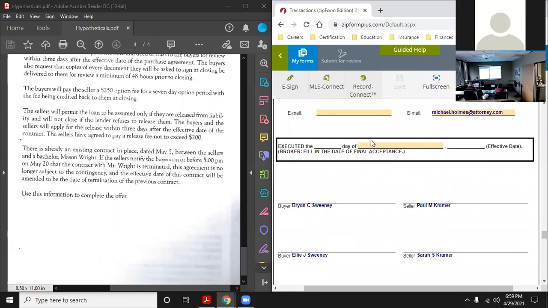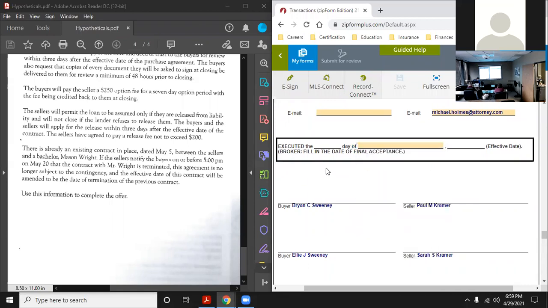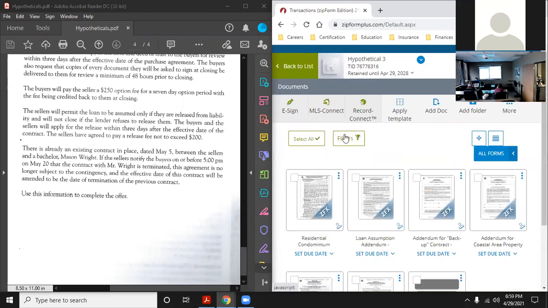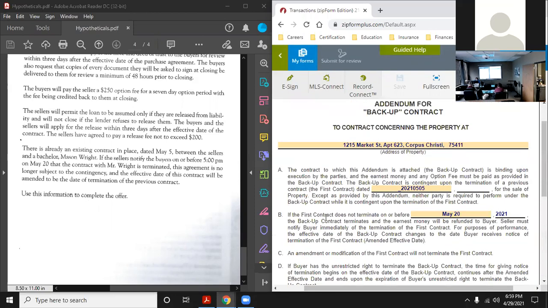Well, if the first contract is terminated on May 18th and we're notified about that, this new date becomes May 18th. It just auto corrects to whenever the previous contract was terminated and we were notified of that. So that is all this second link here is saying.